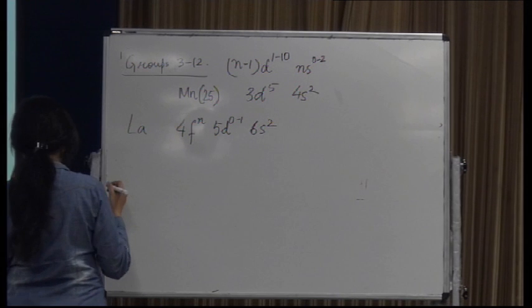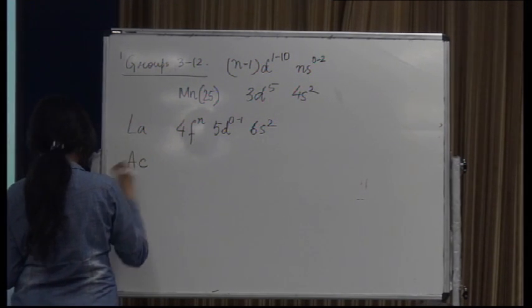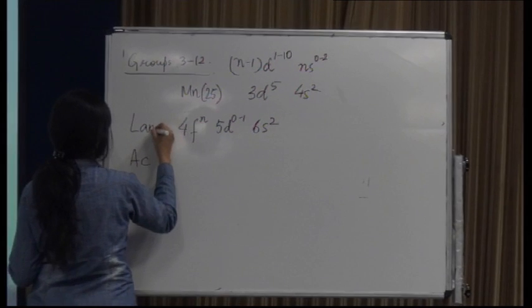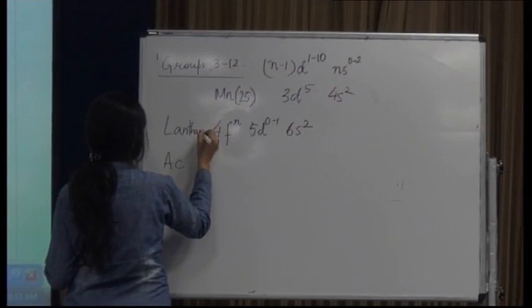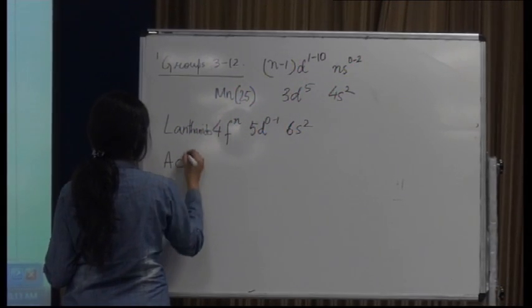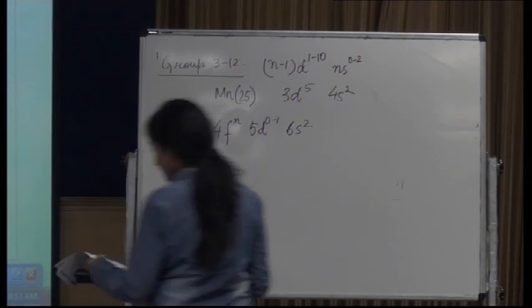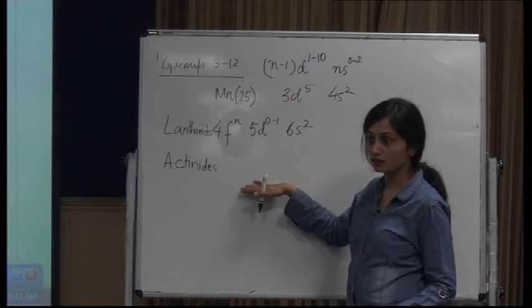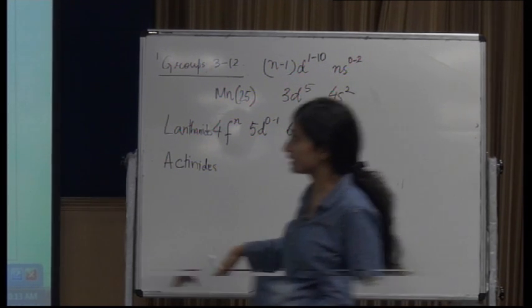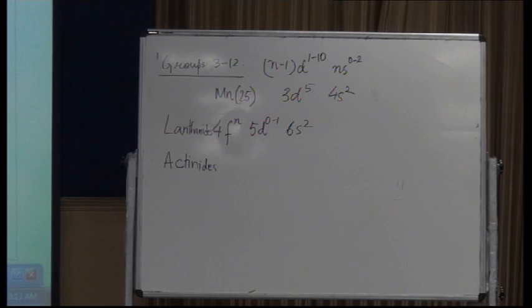This is the general electronic configuration for lanthanides, and for actinides it is just one step higher, because actinides are just below them. So if you know that this was your 3d, 4d and now 5d series, lanthanides is in which series? 5d. Lanthanides is in the 5d series, right? And then your actinides are in the 6d series.